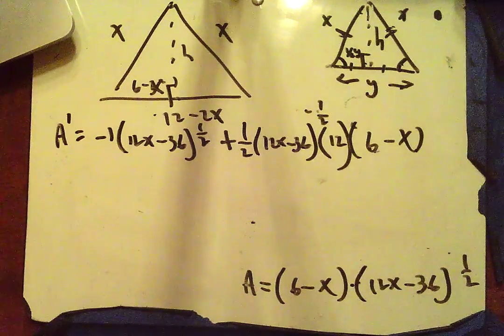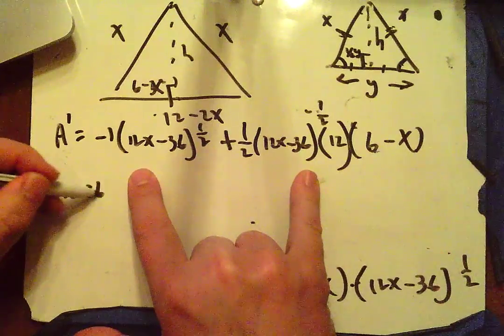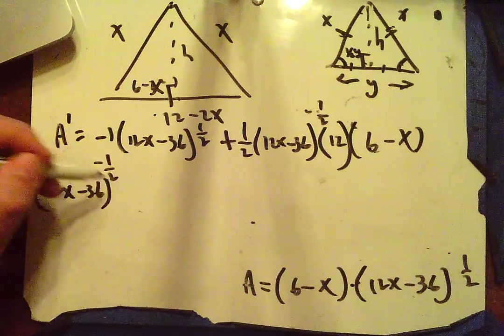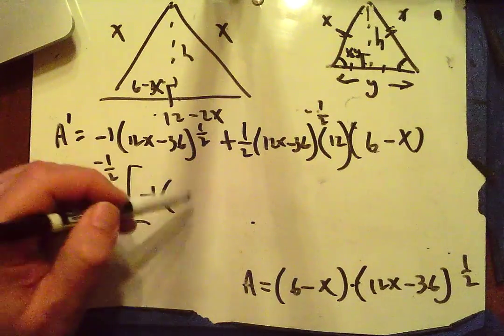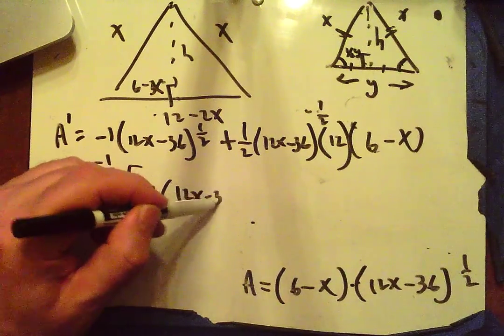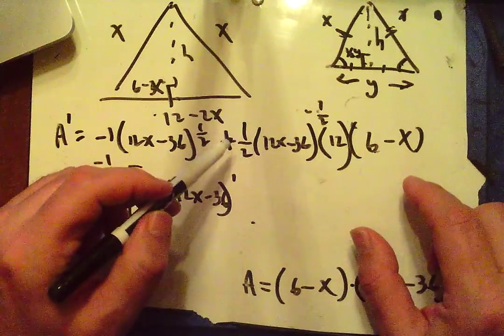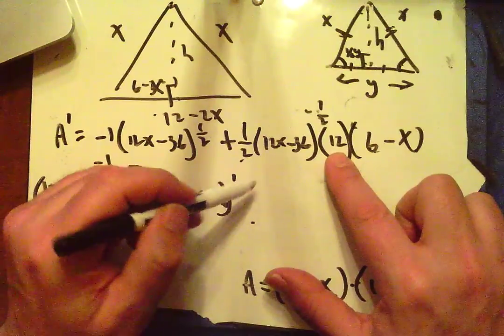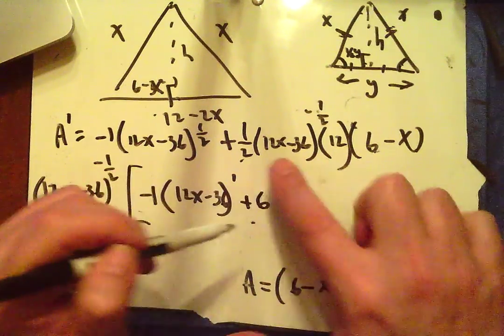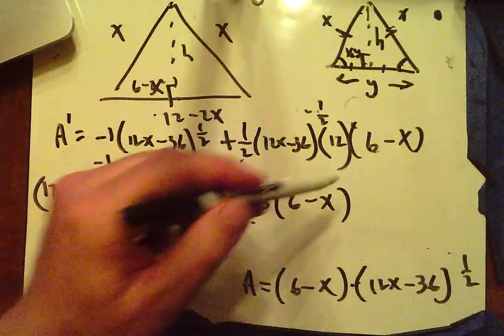Okay, so let's do some factoring. I'm going to take out a 12x minus 36 raised to the negative 1/2. And here I'm going to be left with negative 1 times 12x minus 36 to the first. And then here, I got 1/2 times 12, that's going to be 6, so plus 6, times 6 minus x.